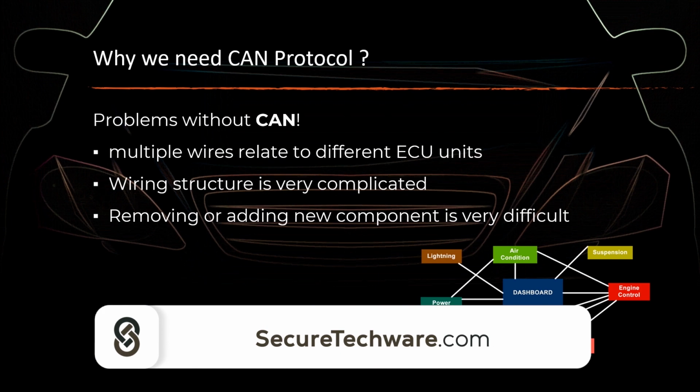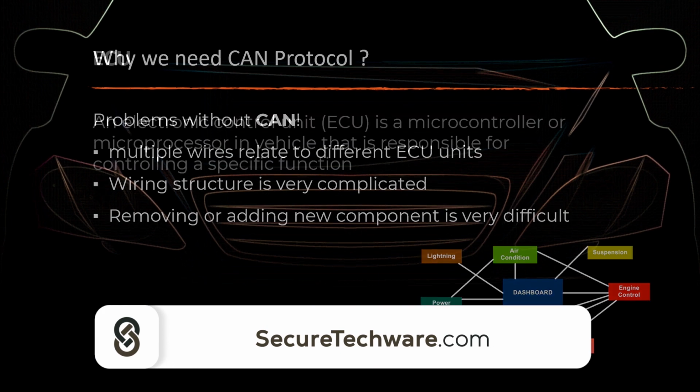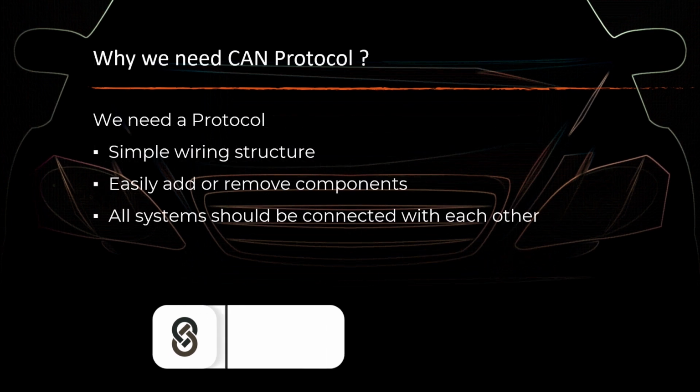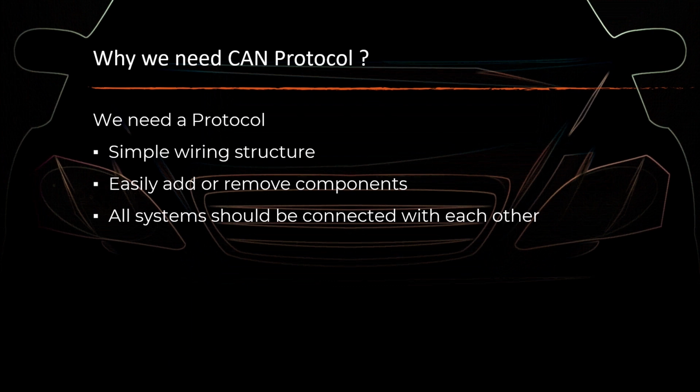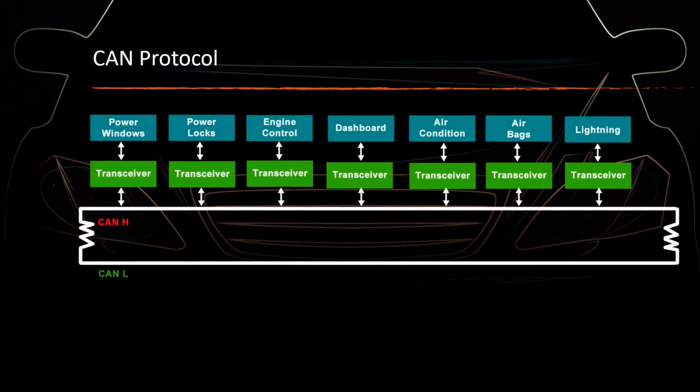So we need some type of protocol which is simple, and wiring structure is simple on that protocol, and easy to add or remove components, and all systems should also be connected with each other. So these were our main requirements. So we come up with a new protocol known as controller area network, or CAN protocol.